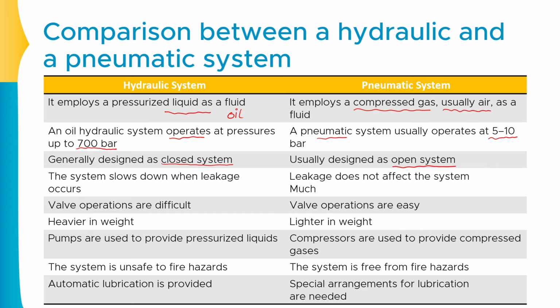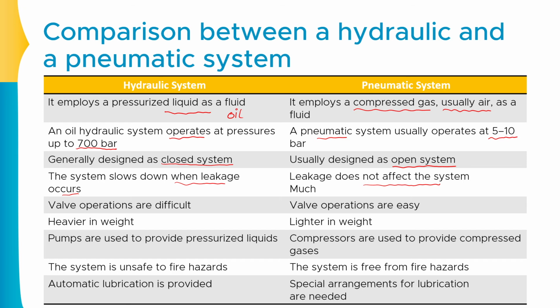Next, the system basically slows down when a leakage occurs, because the hydraulic system is a closed system. If there is a leakage of the oil, in that case the pressure of the system will get reduced and the system will slow down. But as air is used in the pneumatic system and it is an open system, because we are taking the air from the atmosphere, in that specific case even if there is a leakage, it does not affect the system that much.